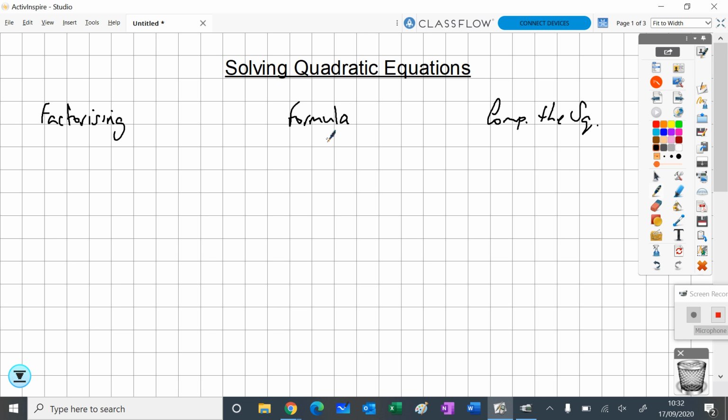Let's look at an example which does work. Let's try this. x squared plus 9x equals negative 20. Right, the first thing that you need to know is that whenever you're solving a quadratic equation, you definitely need it to equal 0.